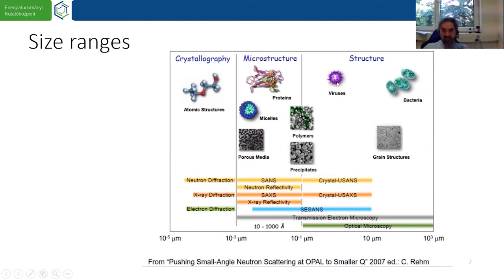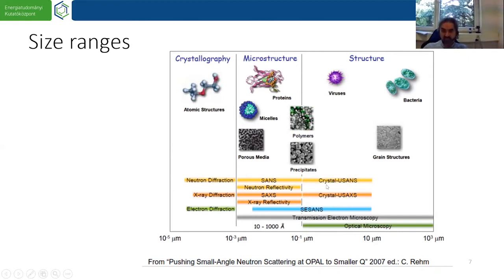And now there are some bigger objects like viruses, which are very popular now, or bacteria. So some parts of viruses can be entirely detected, or some parts of bacteria can also be detected by small angle scattering. But for them, mostly these use the ultra small angle scattering.